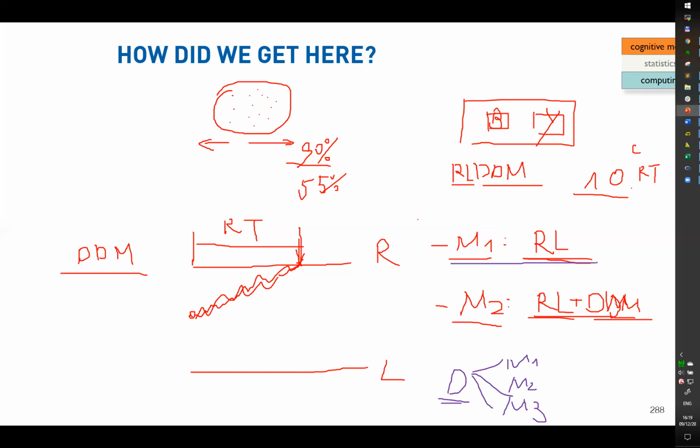If we are only considering the RL part, we are only using the choices from the participants. But if we are doing RLDDM, we do need the choice part because of the RL, but we also need the RT part for the DDM, okay? So in these two cases, the data is not the same between the two models, so they cannot really be compared against each other. So you can't do that, essentially.